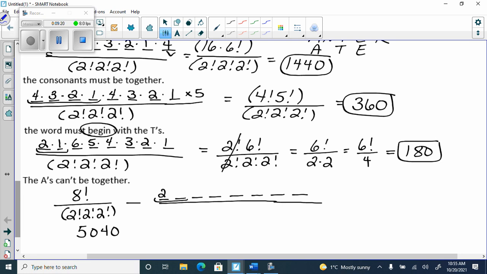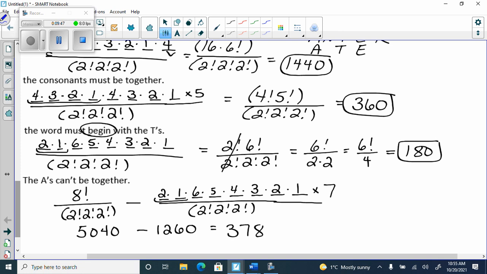So I go 2 times 1 times 6 times 5 times 4 times 3 times 2 times 1 times 7 over 2 factorial, 2 factorial, 2 factorial, which is actually the same answer. Did I do that one? No, I never did. And what do we get? Minus what? Minus 1,560. What's our answer? 3,780.